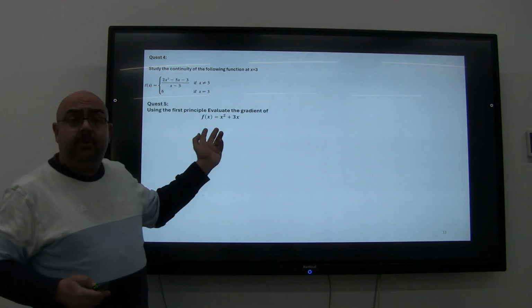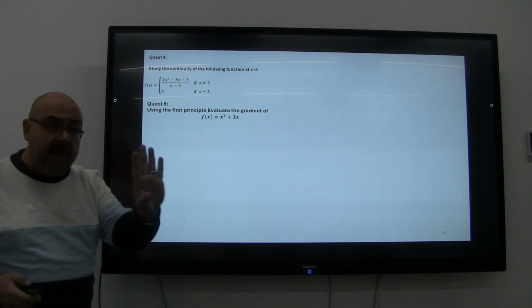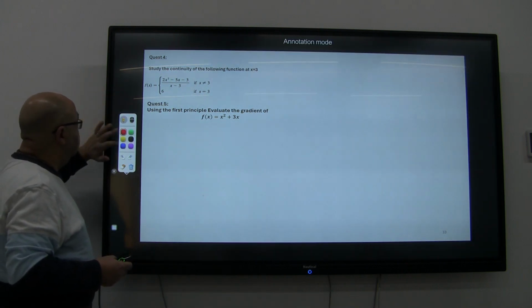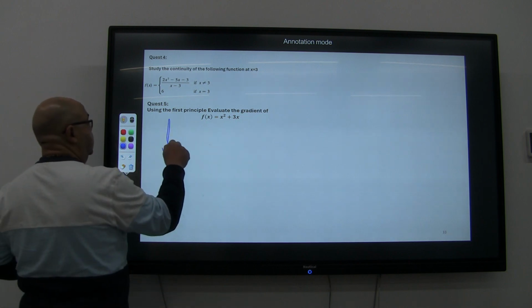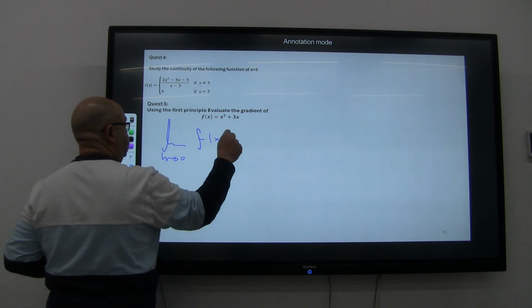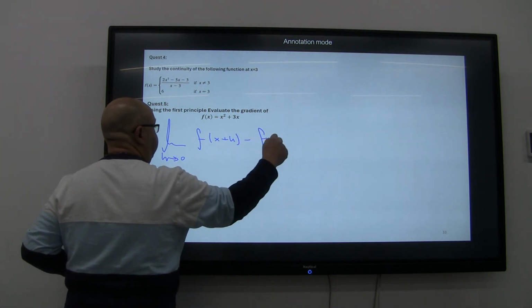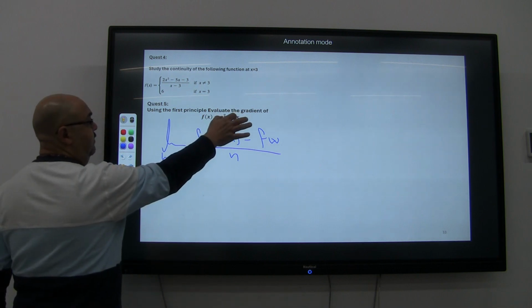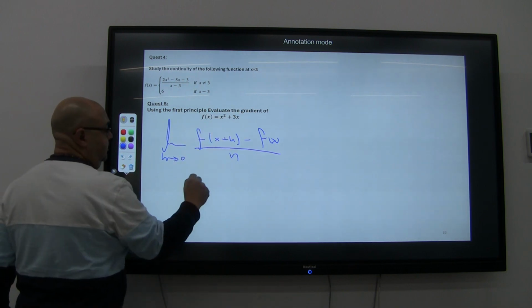For this problem, x squared plus 3x, you will have a direct substitution. Do you remember the first principle law? Limit h tends to 0 of f of x plus h minus f of x, divided by h. First of all, replace every x by x plus h.